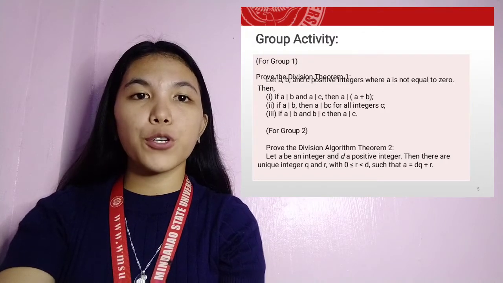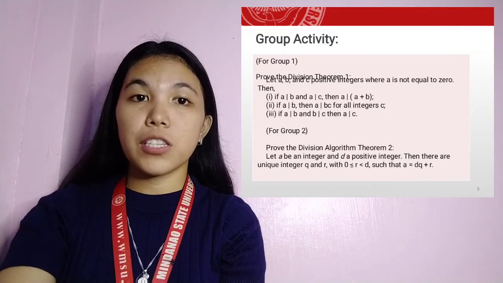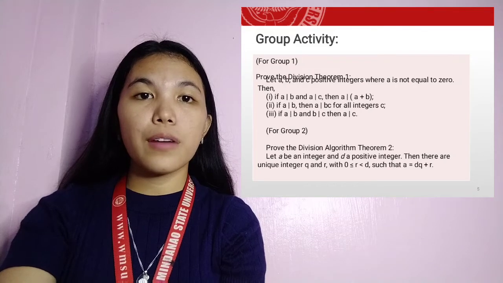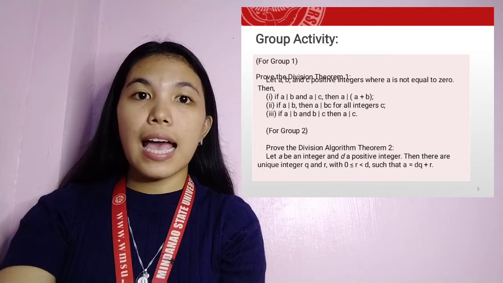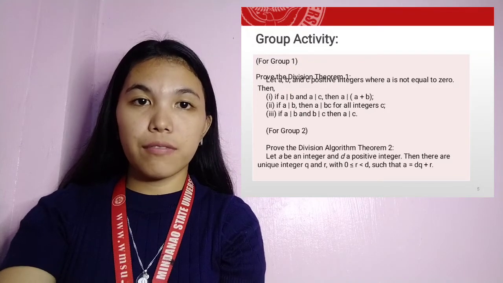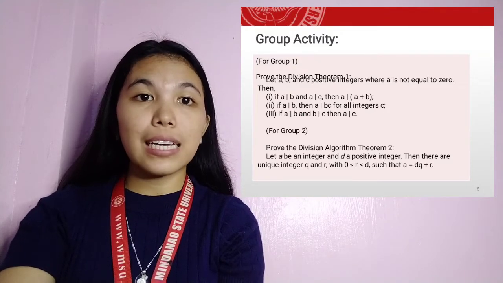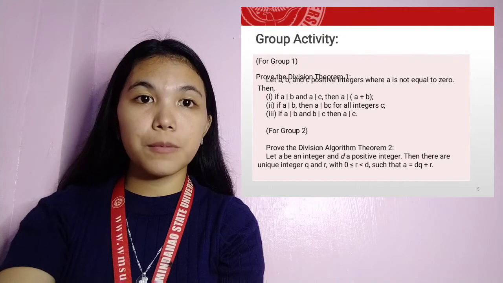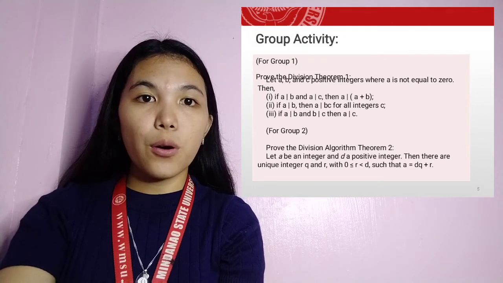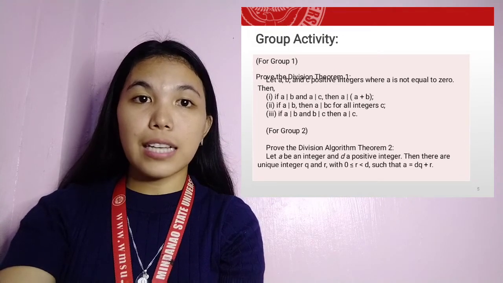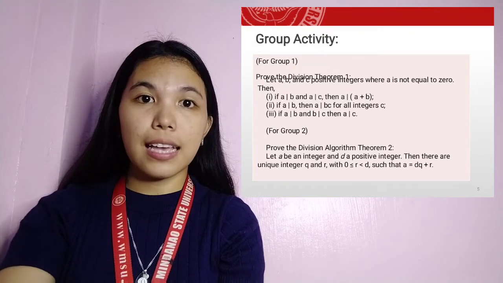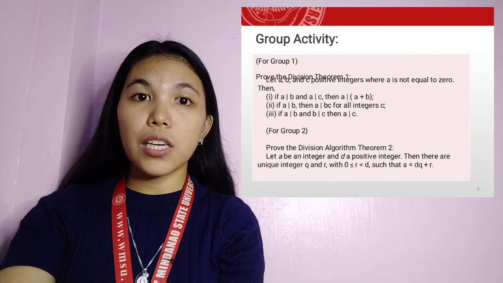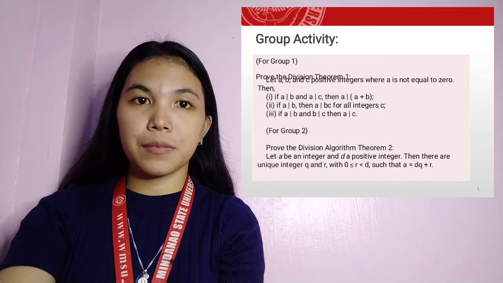Okay, so for group 2, prove the division algorithm, theorem 2. Let a be an integer and d a positive integer. Then there are unique integers q and r with 0 less than or equal to r less than d, such that a equals dq plus r.